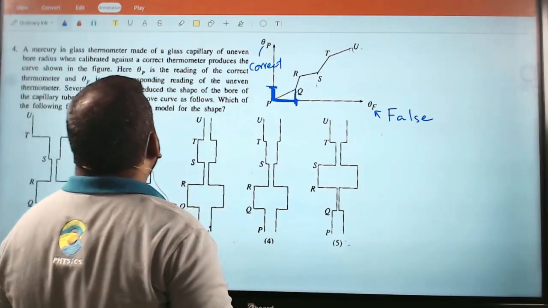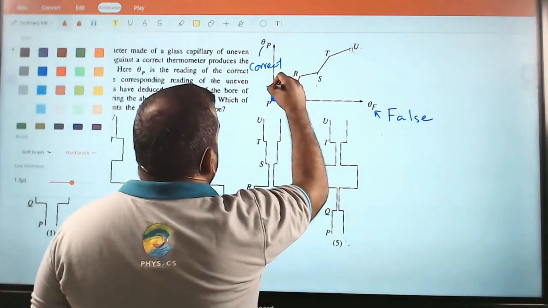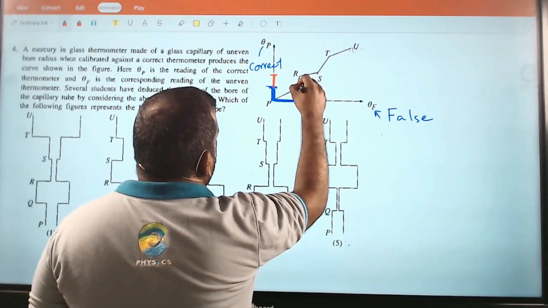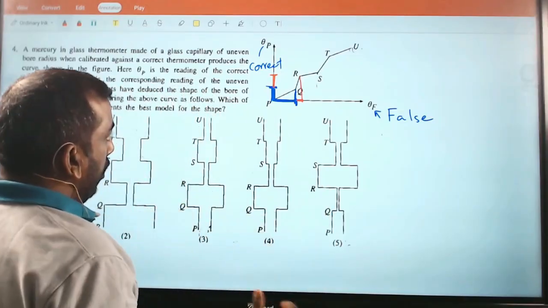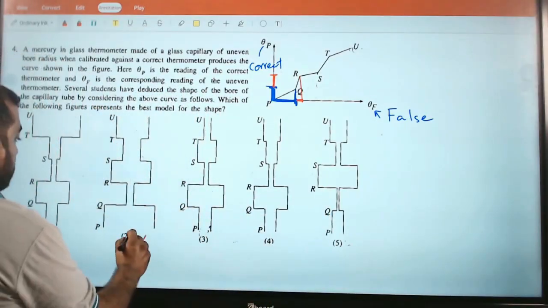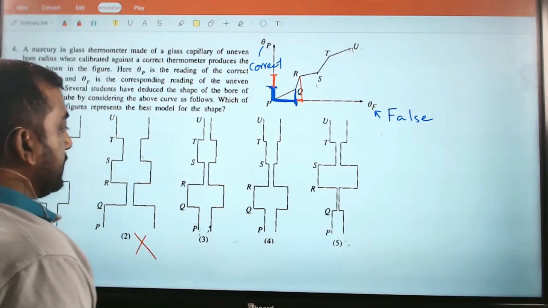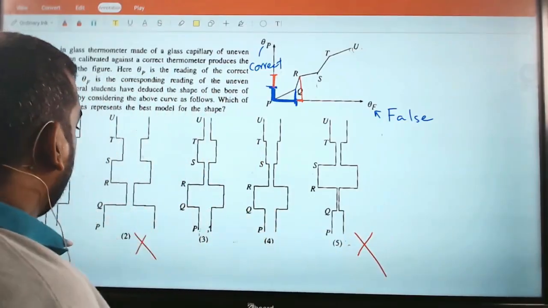Then look at the next one. Increase from here to here. Here the increase is small. Smaller increase means larger area. So larger area means the second part should also be larger. So 2 and 5 both are wrong.